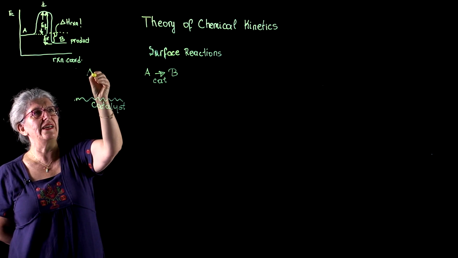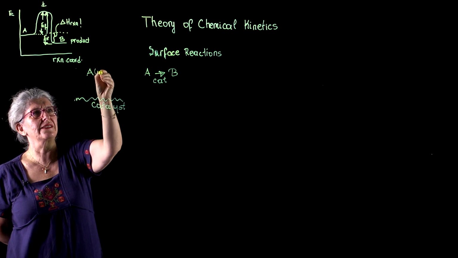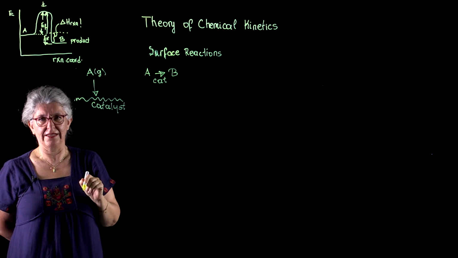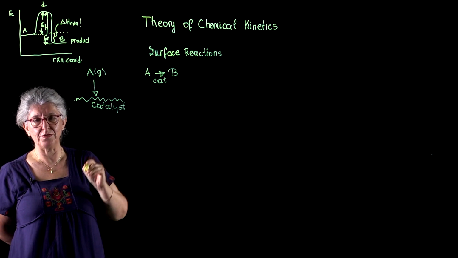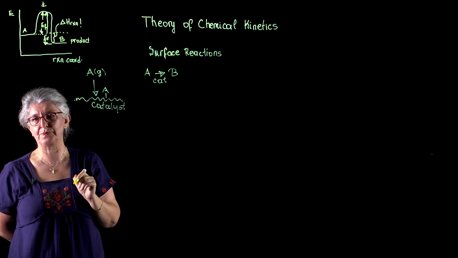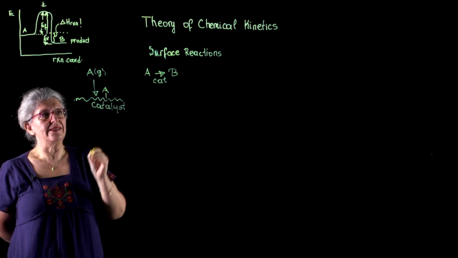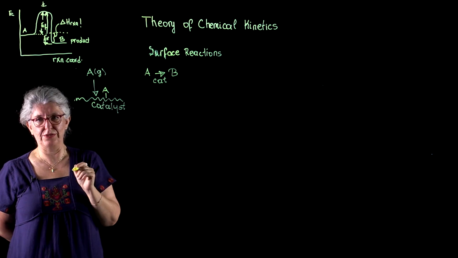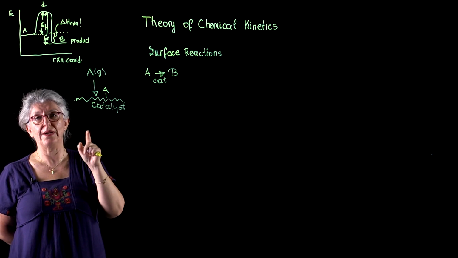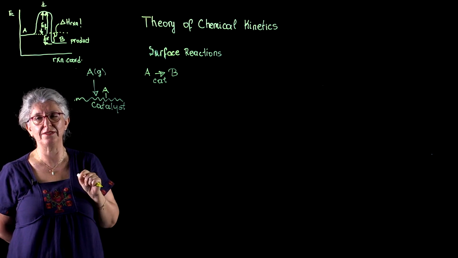My molecule A from the gas phase comes and interacts with the surface and adsorbs on the surface. This interaction and adsorption is spontaneous and not activated at the elementary level.